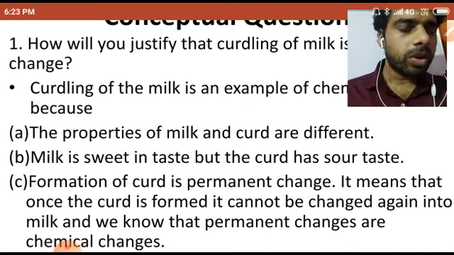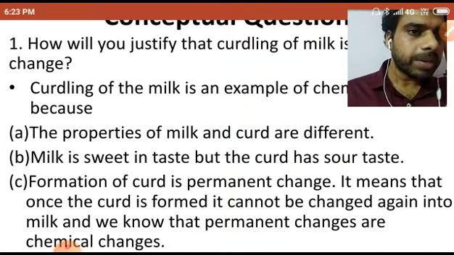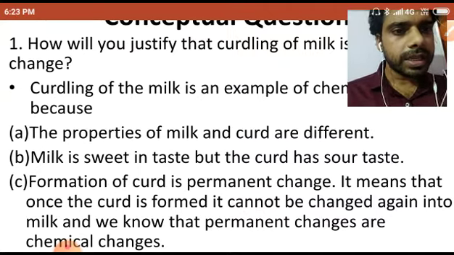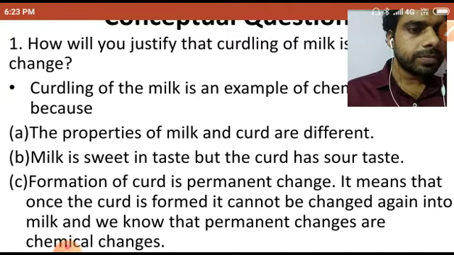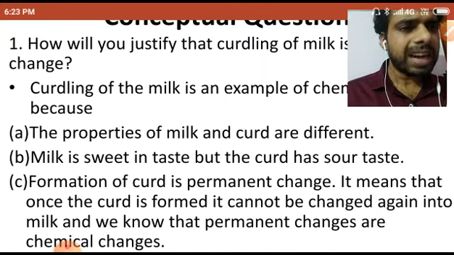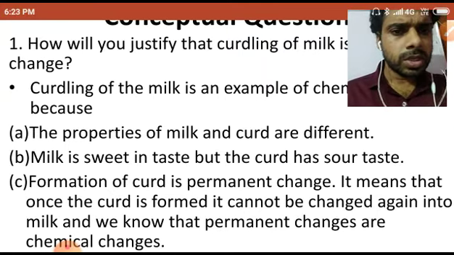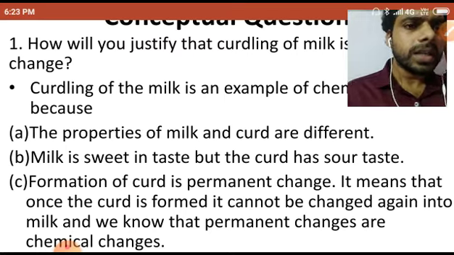And formation of curd is a permanent change. Never will you find the milk again from that curd after decomposition. So hence it can be called a chemical change.